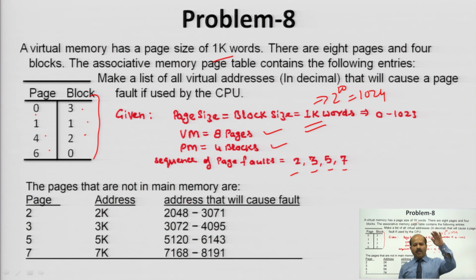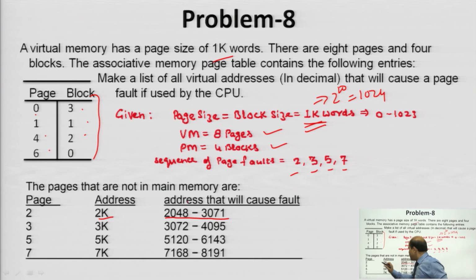Now, we can assign addresses to each page. So, what is the size of a page? The size of one page equals 1k words, so it will take 1024 decimal values.